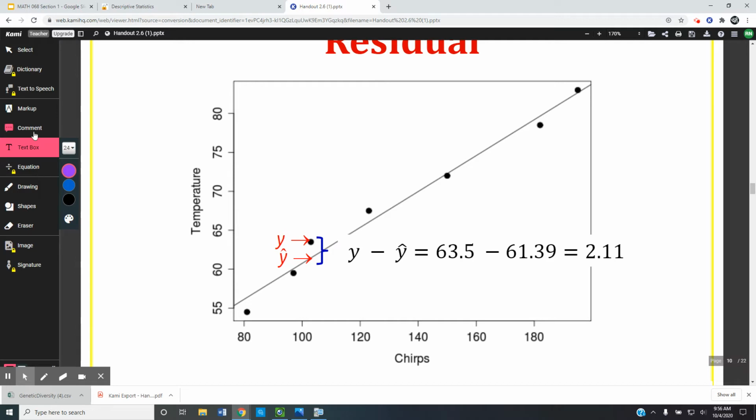And it's positive, which means the observed value was above the predictor line. If the residual was negative, then the observed value was below the predictor line. You can see in this graph, we have some below and some above. This would be a negative residual, this would be a negative residual, this would be a positive residual, and this would be a positive residual.